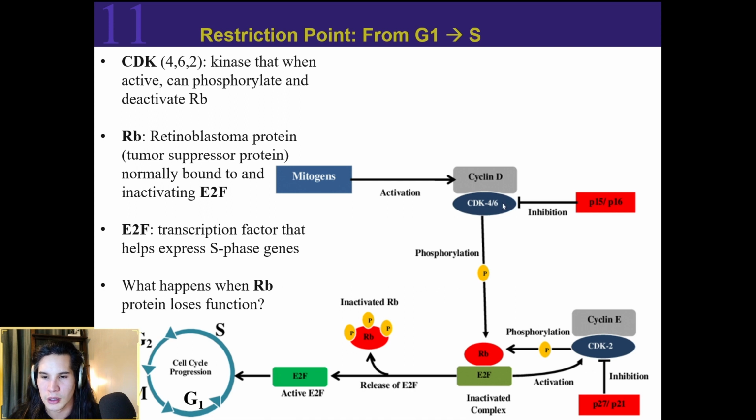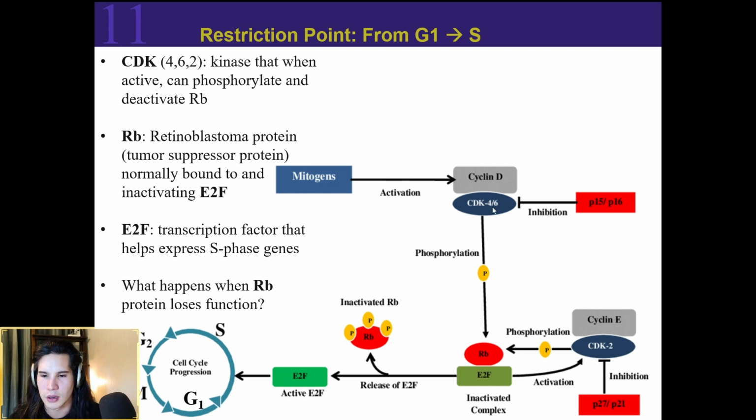a CDK4 inhibitor. So if you were to inhibit CDK4, which is that kinase, then your retinoblastoma protein wouldn't become phosphorylated. And if it did not become phosphorylated, well, then it would stay bound to E2F. And so you would never transition from G1 to S phase, or at least you wouldn't do so in an uncontrolled fashion.